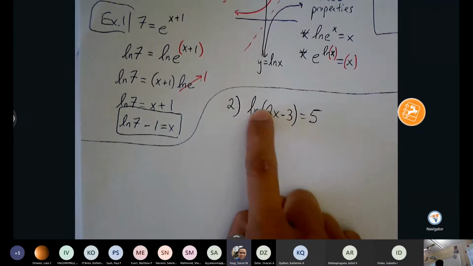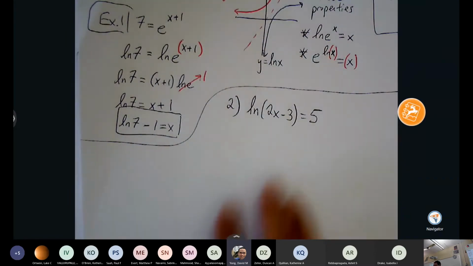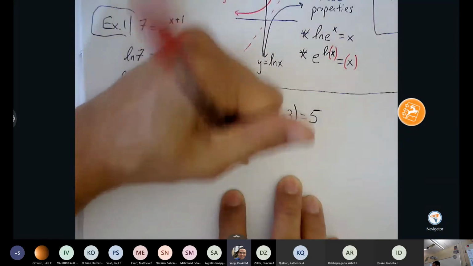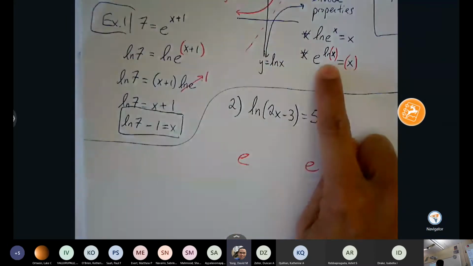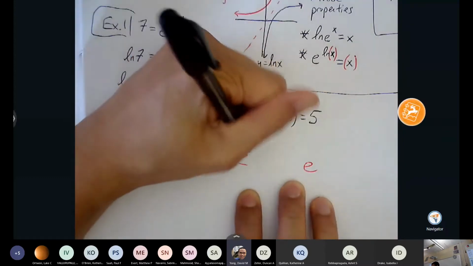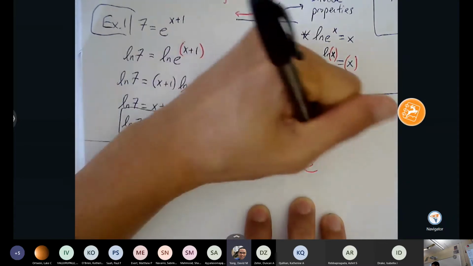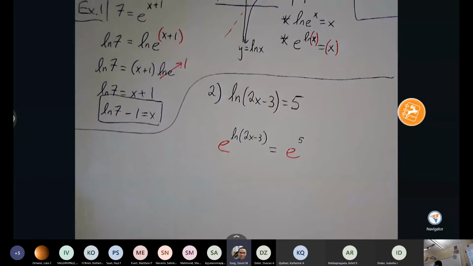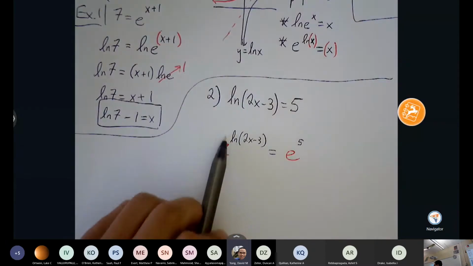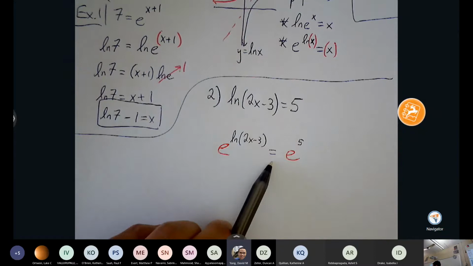However, I want to get that 2x minus 3 out from under that natural log. So I'm going to raise both sides base e, trying to make it look like this. The nice thing here is that, first of all, I'm balancing both sides of the equation.